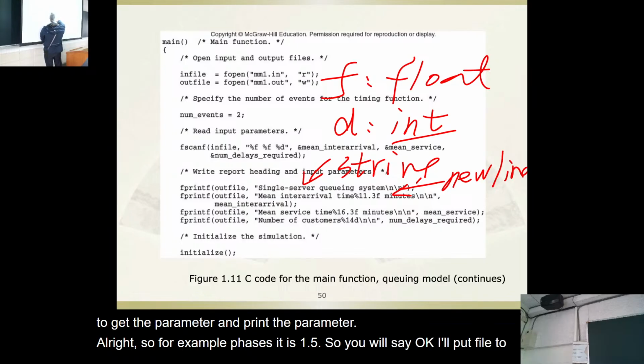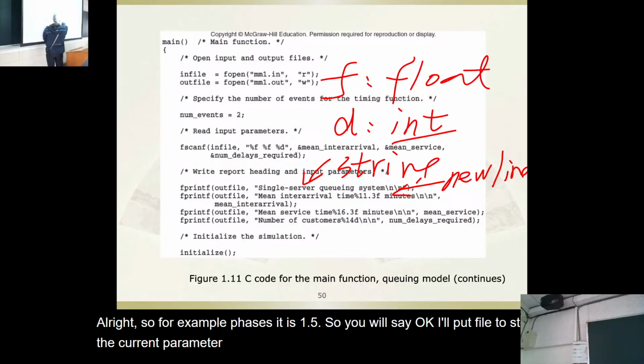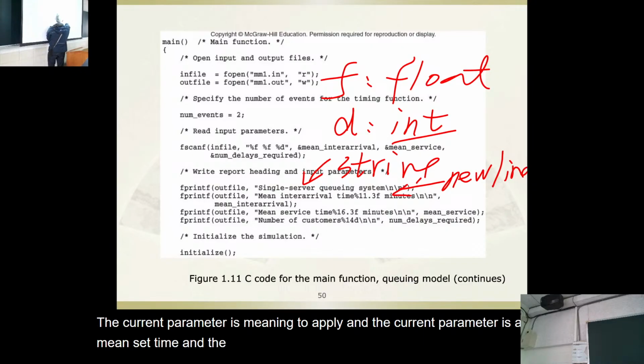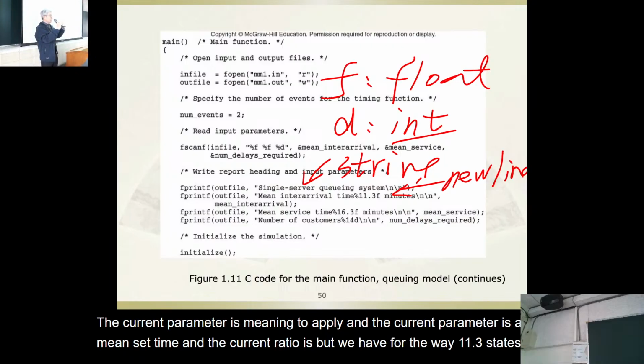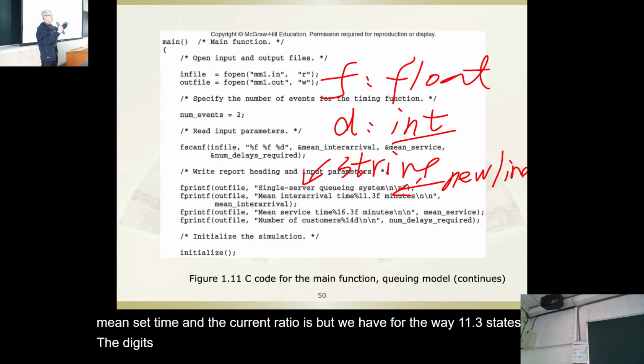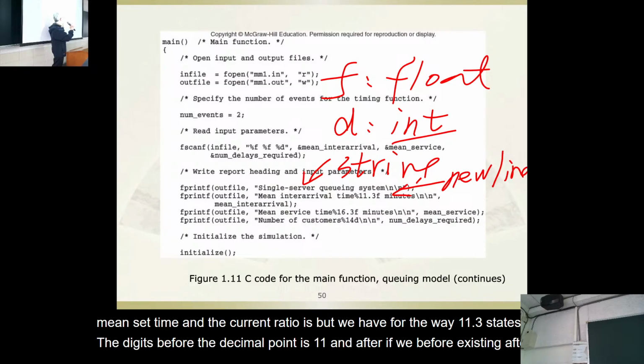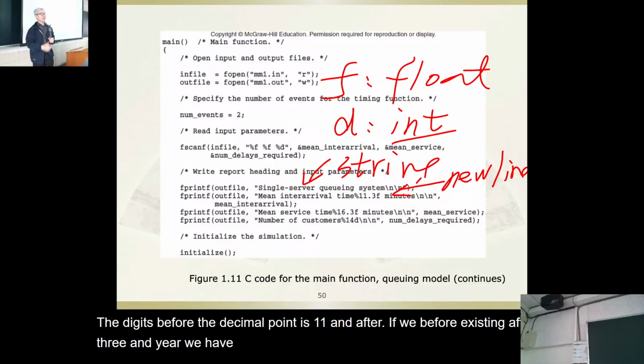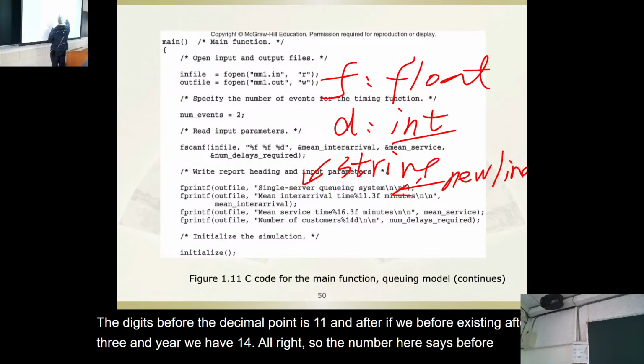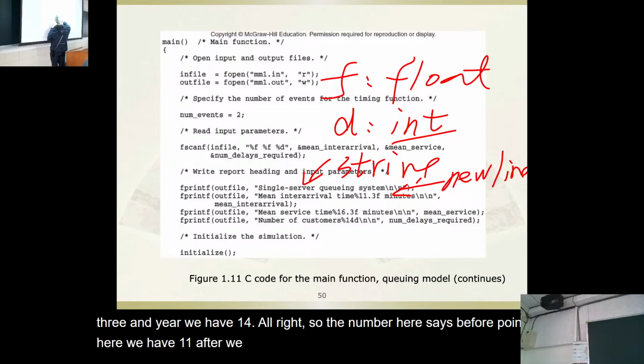The current parameter is mean interarrival time, and the current parameter is the mean service time, and the current threshold is this. But we have for the width 11.3 says the digits before the decimal point is 11 and after is 3, before is 16, after is 3, and here we have 14.